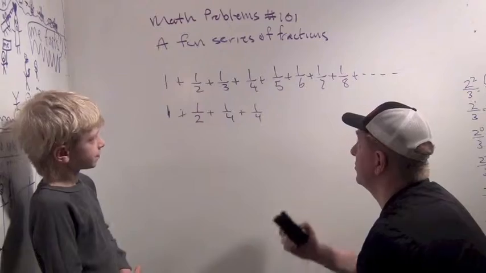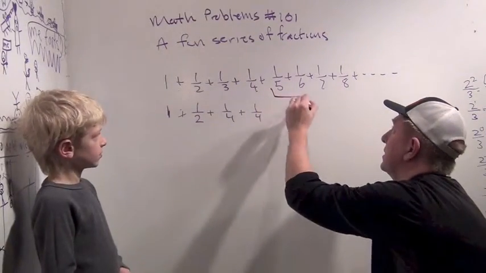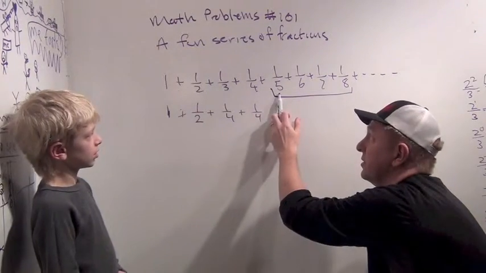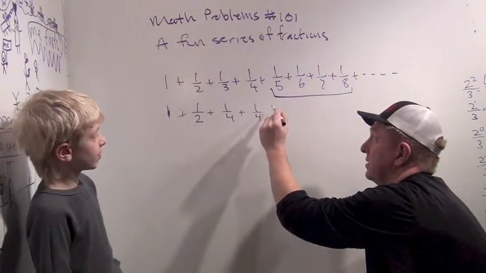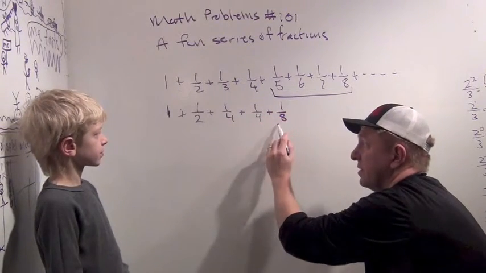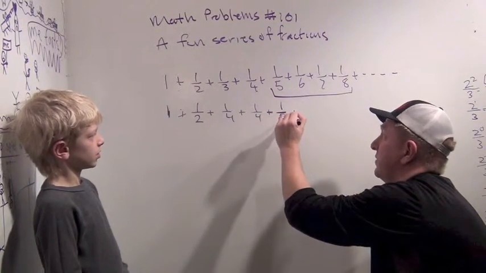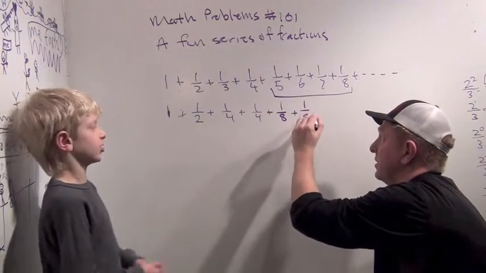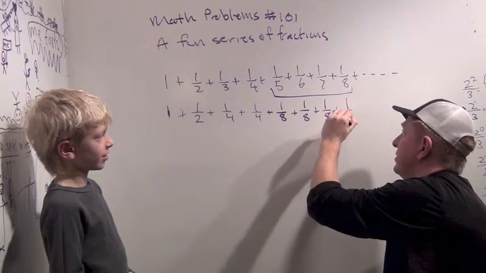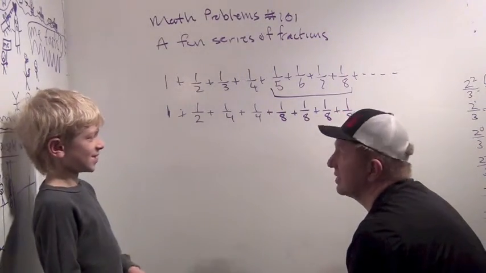But instead, I'm going to turn them all into an eighth. Is 1/5 bigger than an eighth or less than an eighth? Bigger. So if I turn it into an eighth, it will be smaller. And if I turn the 6th into an eighth, it would be smaller again. The 7th into an eighth, smaller again. And what happens if I turn the 8th into an eighth? It stays the same.